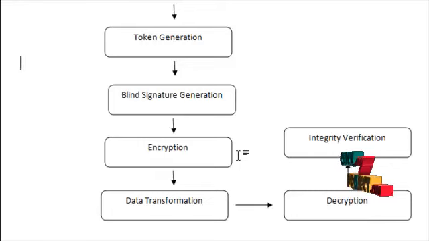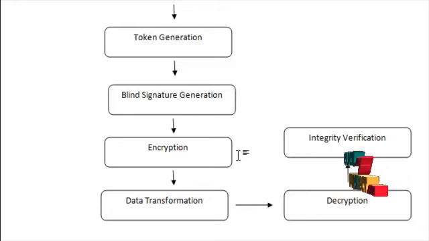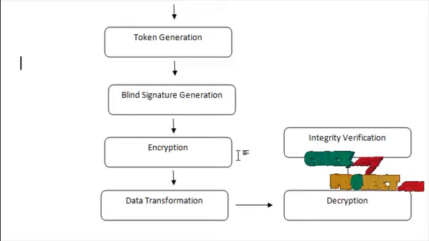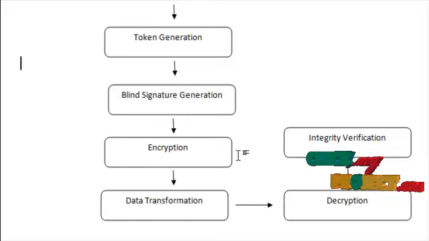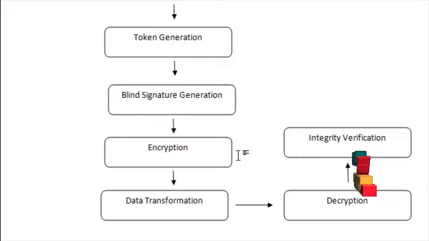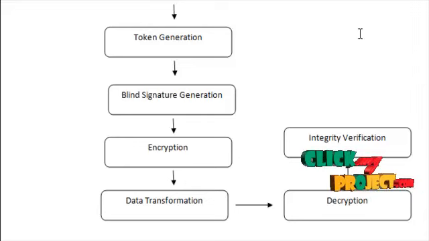Once it reaches the destination user, it is received and decrypted. To check the integrity, we generate a hash code, and based on that we check the integrity verification after receiving the files at the destination.